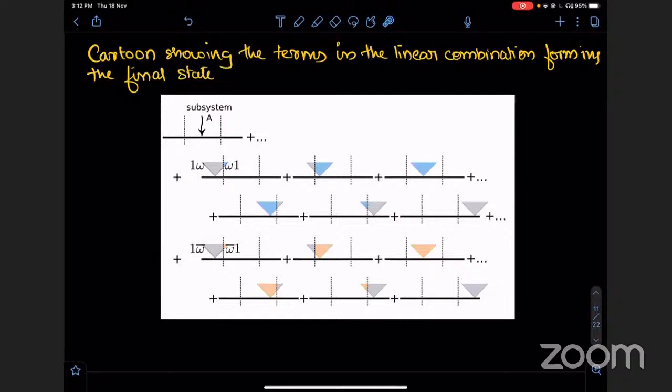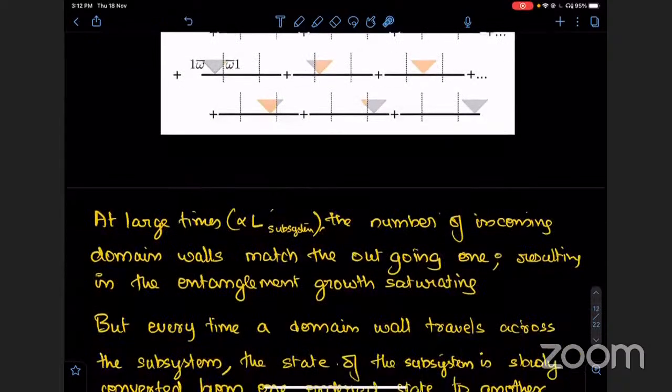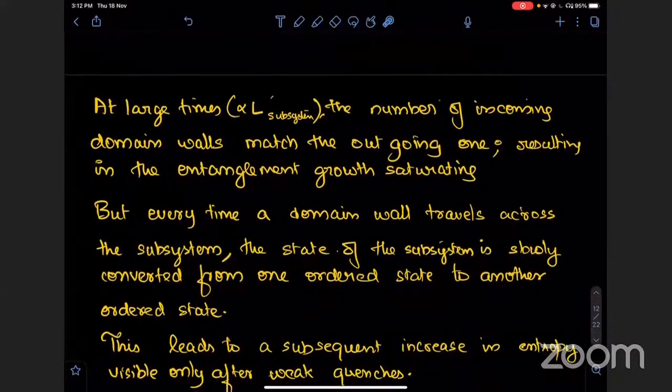At some large time, the number of such separated domain wall pairs that are coming into the system matches the number of such pairs that are going out of the system. And at that time, the entanglement growth is expected to saturate. Until then, there is a linear growth in entanglement.